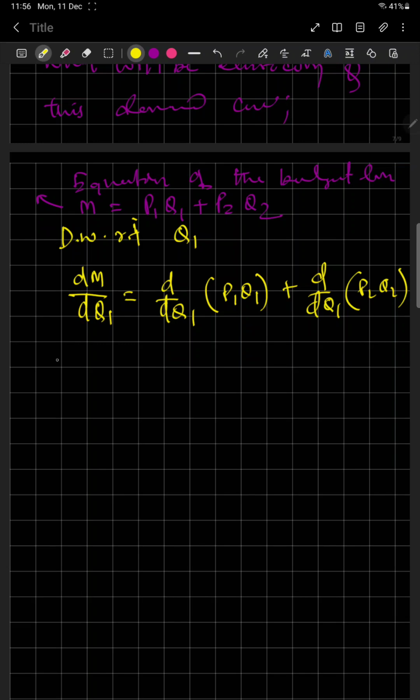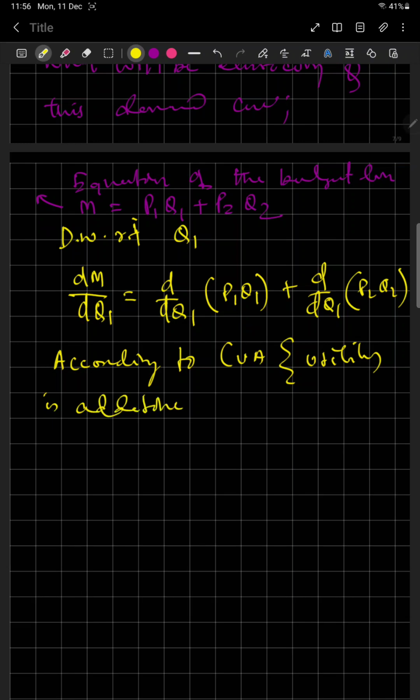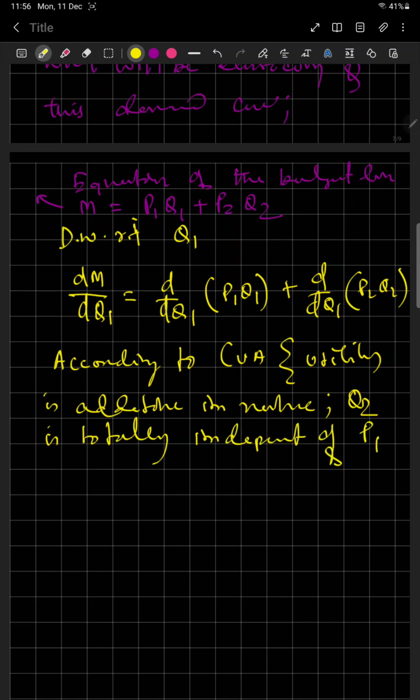As according to the cardinal approach, utility is additive in nature, so q2 is totally independent of p1 or q1.